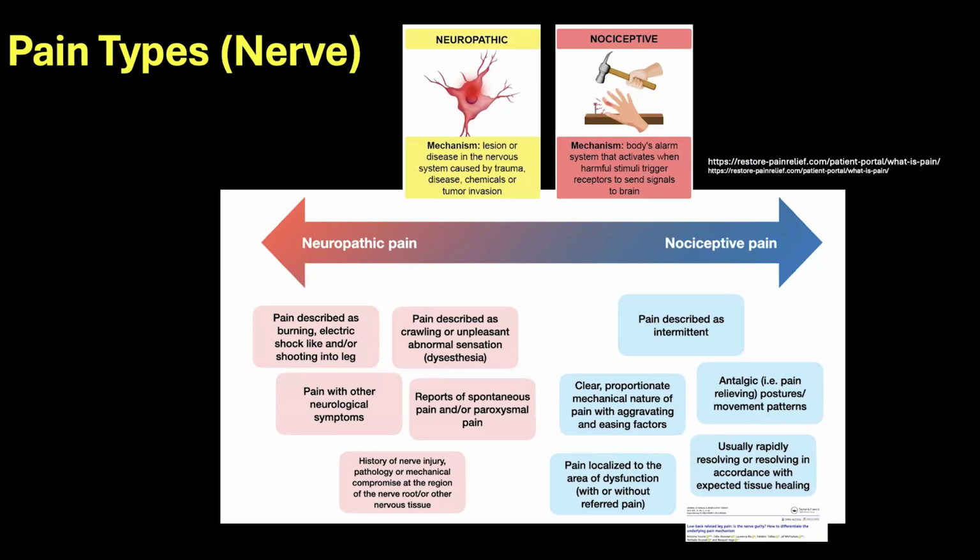But it can radiate anyway. But the importance is that it has this shock-like, electrical, burning and shooting quality to it. People can describe this a lot of different ways: bugs crawling on their skin, sandpaper being rubbed across their skin.